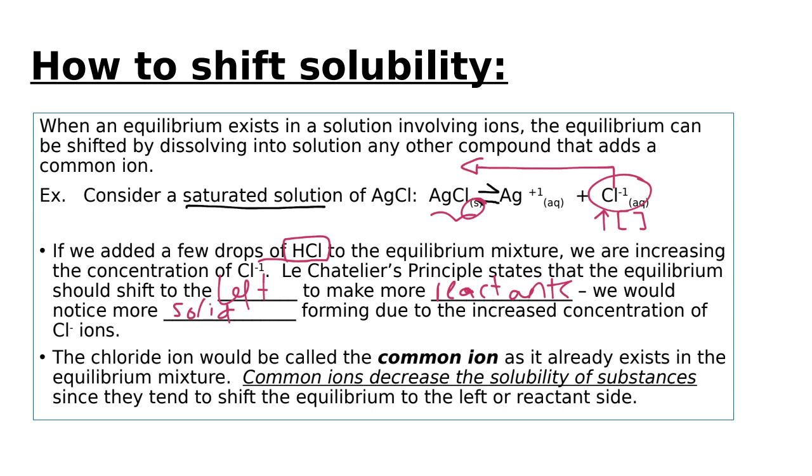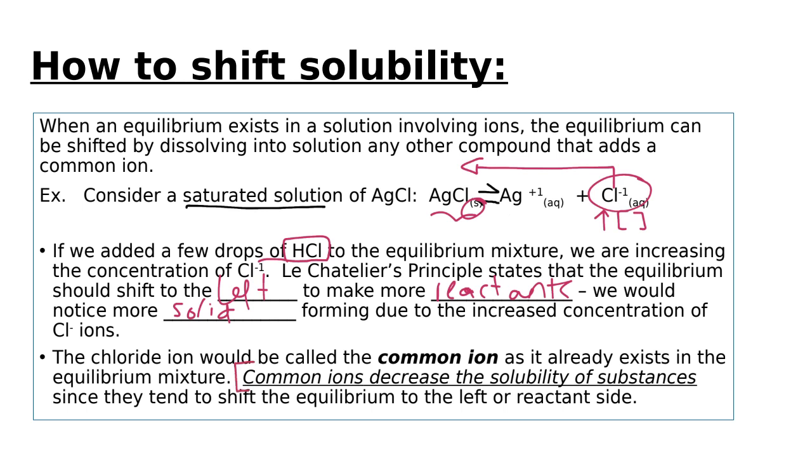Now, the same would be true of the silver ion. Let's pretend that we added silver nitrate or silver acetate, something else that would increase the concentration of silver ion. We would notice the same thing. So the chloride ion would be called the common ion in this case because it already exists in our equilibrium mixture.